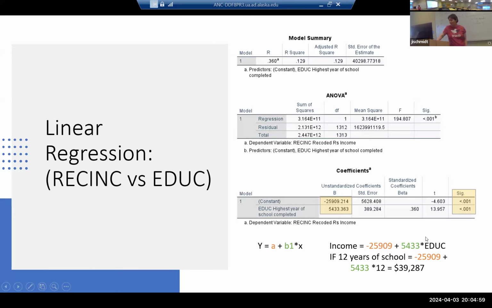So according to our model, if you had someone with 12 years of school, their predicted income is $39,000. That's how you put it back together. Wow. So if you had the line, that's what it would predict.